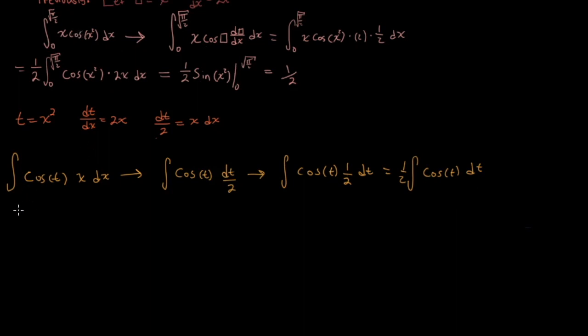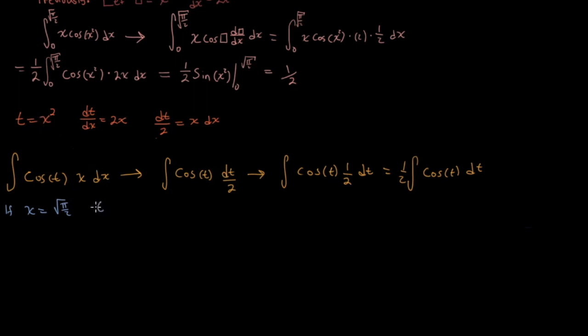Now, if x is equal to root pi on 2, so that is this top number here, what would it be if it was t? What would t equal? Well, we know here that t is equal to x squared.